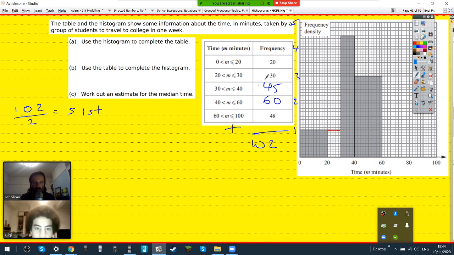So that's the 51st. So that's cumulative frequency. 20, 50, 95. And so how many into the next one is it? Oh no, it's the first one in. No, so the cumulative frequency is 102. 20, 50.